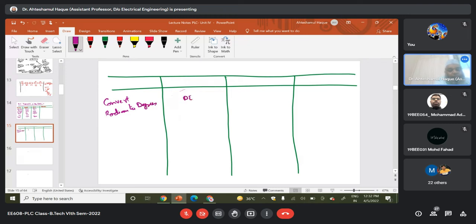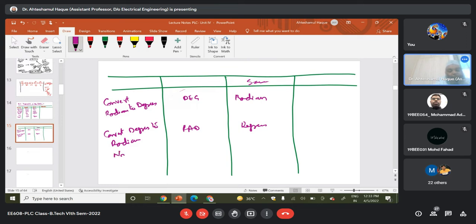I have deg. This is radians. Then the next operation is convert degrees to radian, that is RAD. So degree source radians.